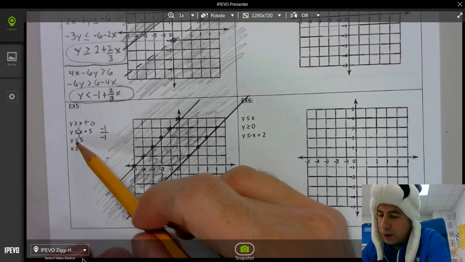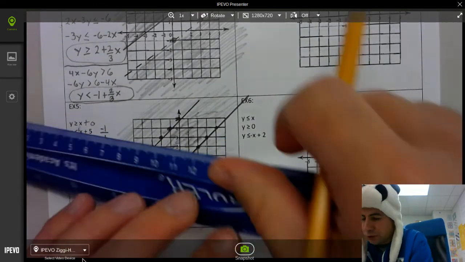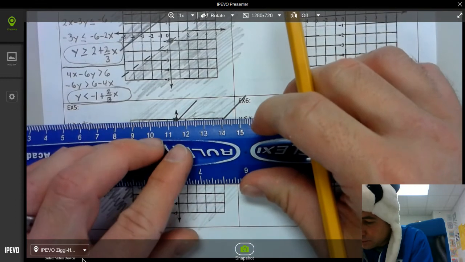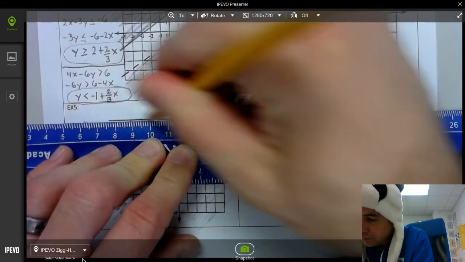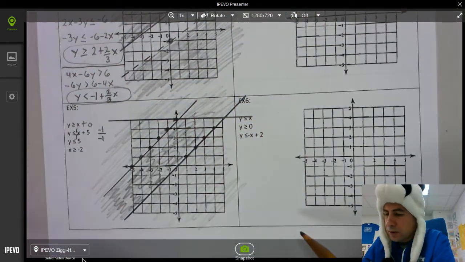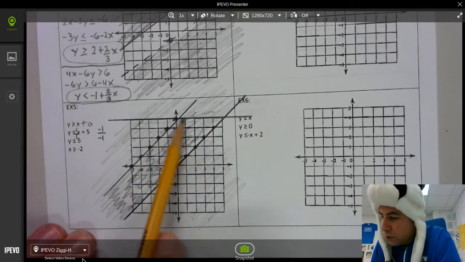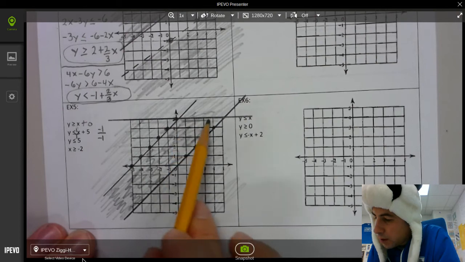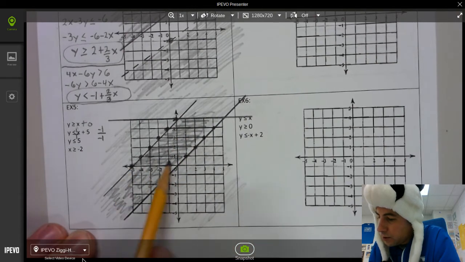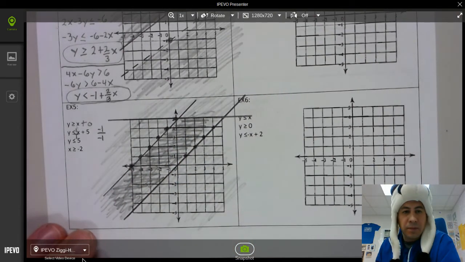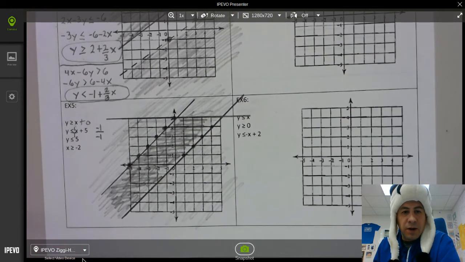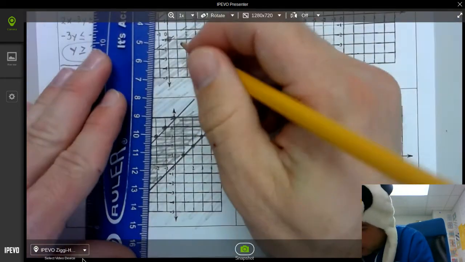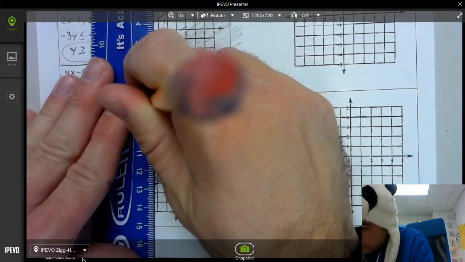Now we have y less than or equal to 5. Well, that's a horizontal line at 5. And it's less than, so we shade below. And again, the only overlapping region is this region right here so far. All right. Now we have x is greater than or equal to negative 2. So that's a vertical line at x is negative 2.